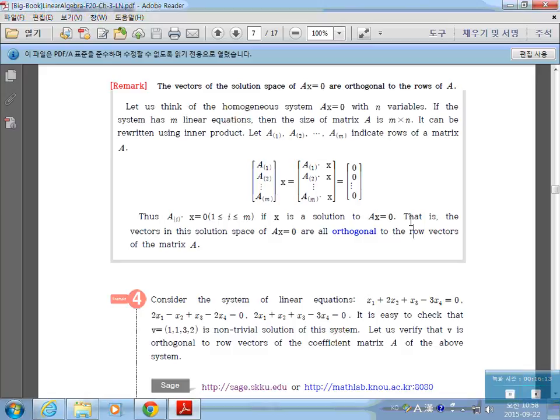That means the vectors in the solution space of AX equals 0 are all orthogonal to the row vectors of the matrix A. That's what it means. If AX is equal to 0, then X is orthogonal to any row vector of A. This is what AX equals 0 means.